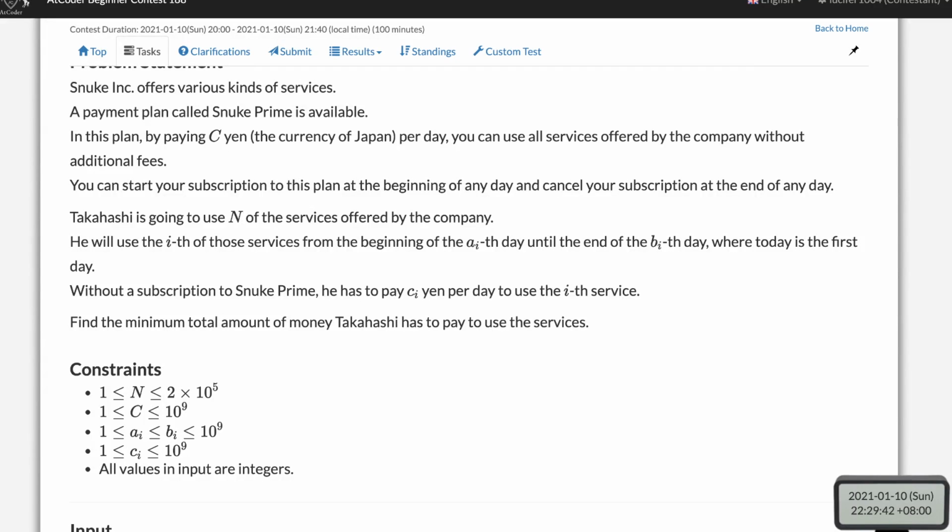And we can choose whether or not to buy a subscription. With the subscription, we will need to pay C yen per day, and we can use all services. Otherwise, we will pay Ci yen per day to use the i-th service.